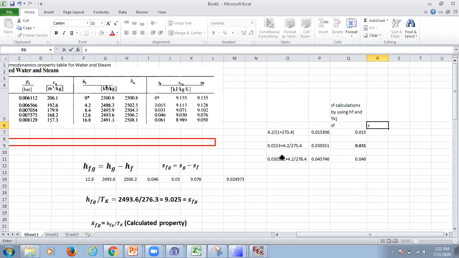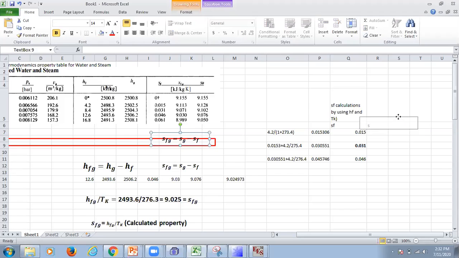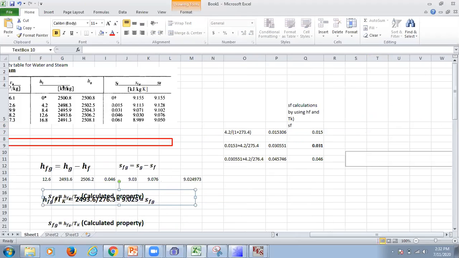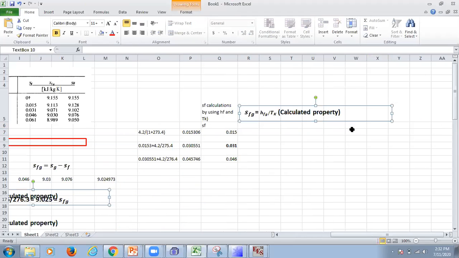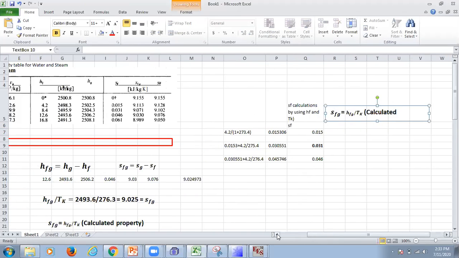How are you going to calculate SFG? SFG is a calculated property.